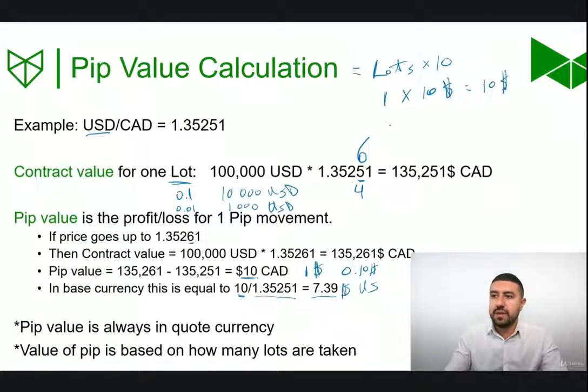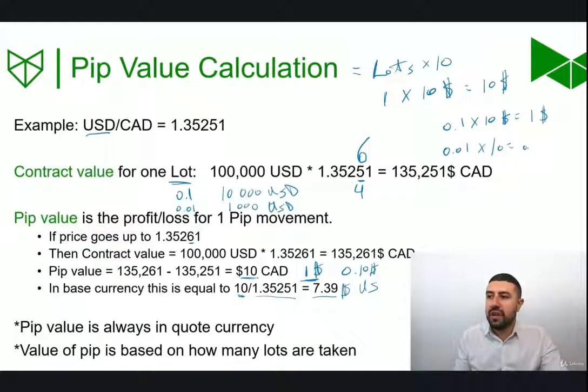If you're trading, like we said here, 0.1 lots, well, you would do 0.1 times $10, and this gives you $1, right? The same calculation that we came up with earlier. If you were trading 0.01 lots, you do that times 10, and that gives you the 10 cents we calculated earlier here, right? So this is a simplification of the formula, so you can just use that if you want.